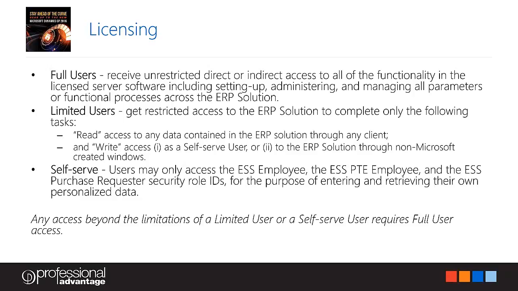And that was brought in by Microsoft, understanding that things like the requisitioning functionality that Rob showed us earlier is something that you don't want your entire organisation to have full access to GP in order to avail themselves of. So the self-serve user was introduced. So the good news is that Microsoft has acknowledged that different users within your organisation will have different needs within the application, so they've catered for that with those three user types.